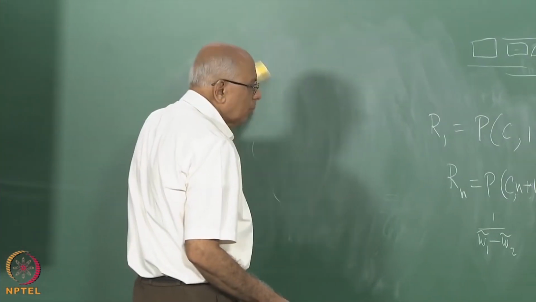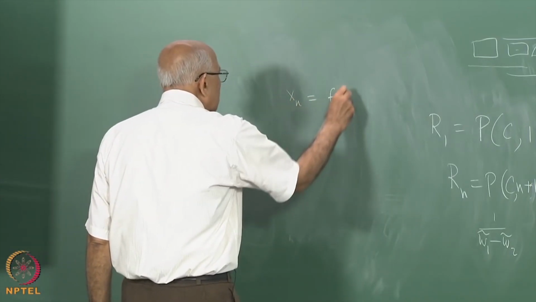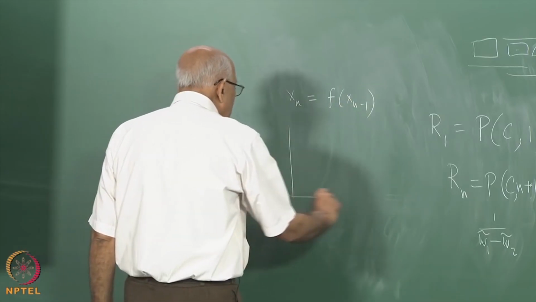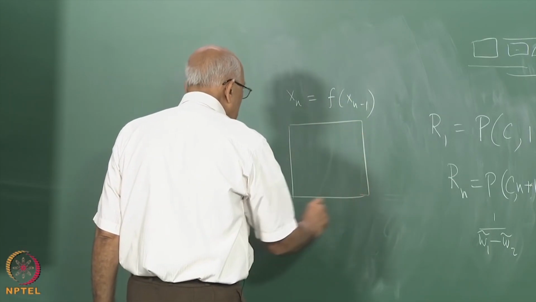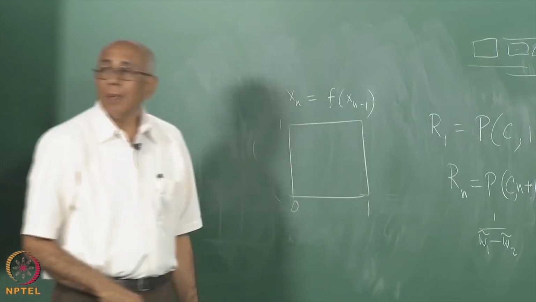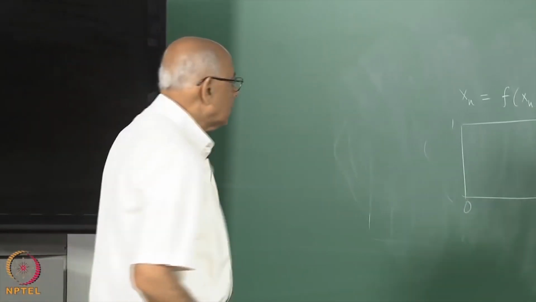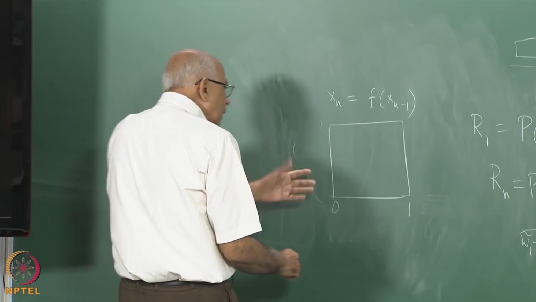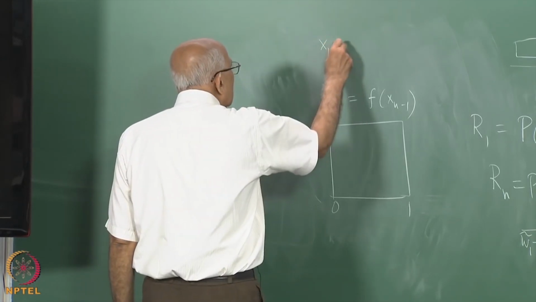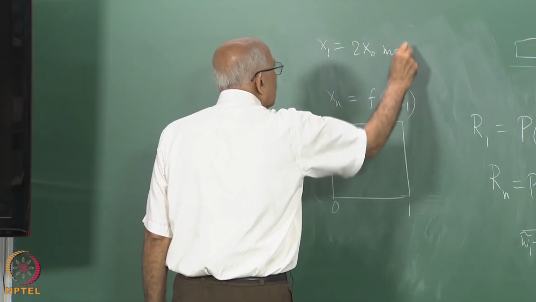One dimensional phase space, so we have xn equal to some nonlinear function of xn minus 1, a one dimensional map of the unit interval, for example 0 to 1. The map is simplicity itself, but it is completely chaotic, and the rule is the following: start with any x0 between 0 and 1 and find x1 equal to twice x0 modulo 1.